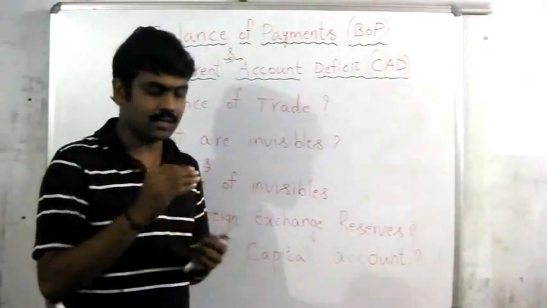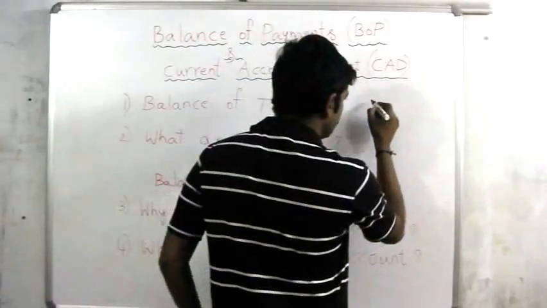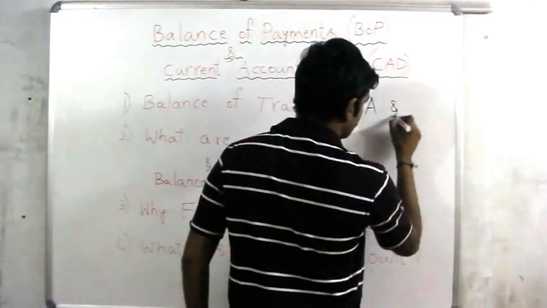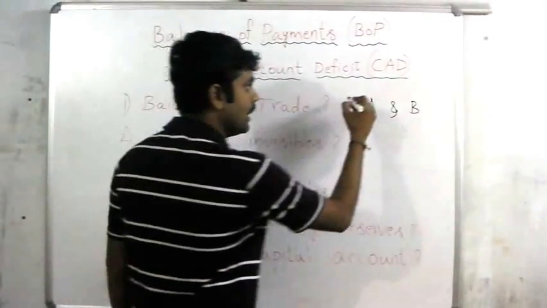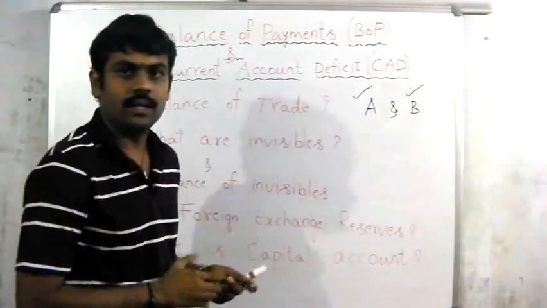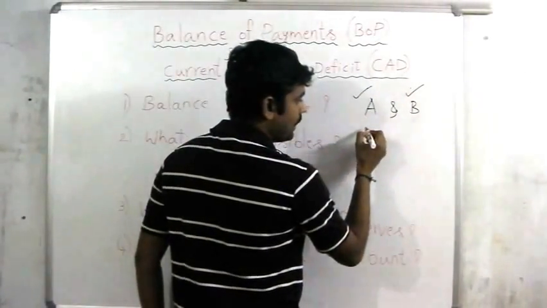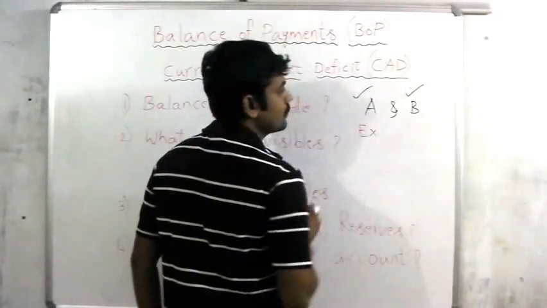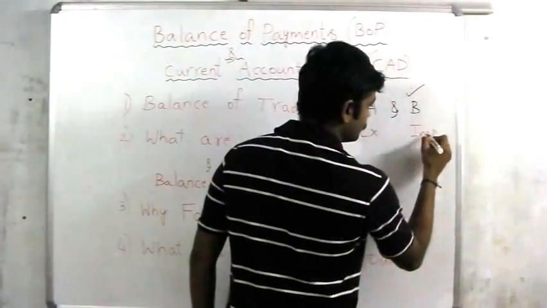Imports means, for example, let us consider two countries, A and B. Here, I declare the country A as an exporter and the country B as an importer.